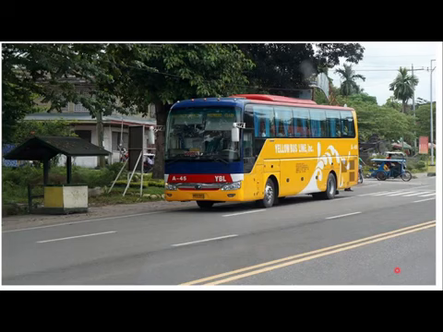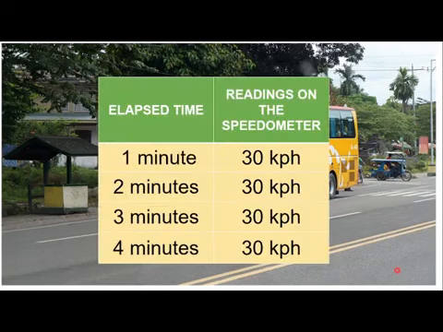Now, what about if you're inside the yellow bus bound to Tacurong City and you observe these speedometer readings? The readings on the speedometer show these values. So what is the type of motion here?